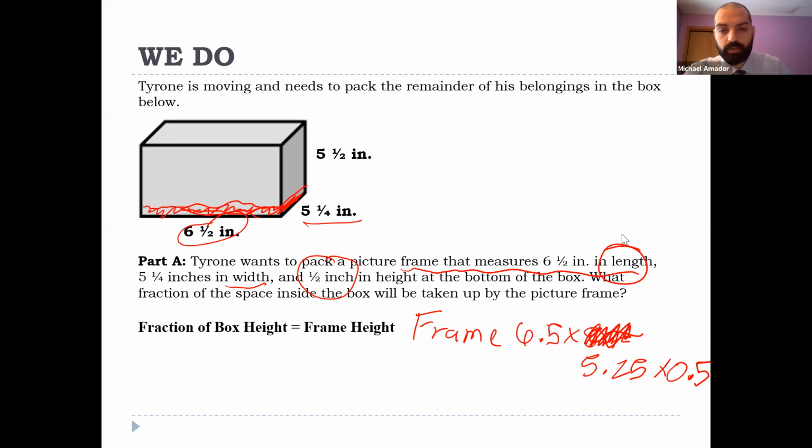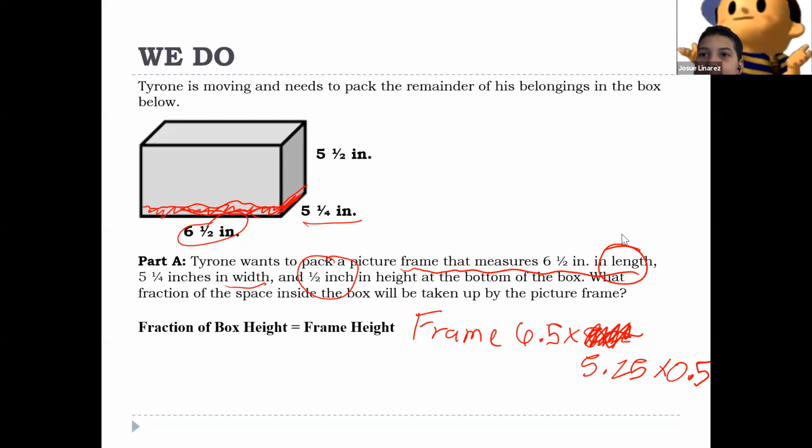Josue, the volume for the picture frame itself? 17 and 1/16 cubic inches. Yes.